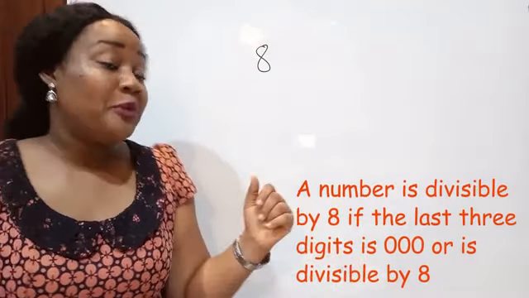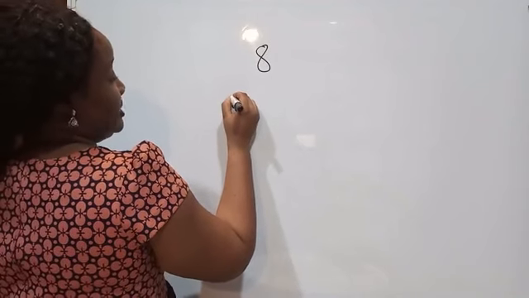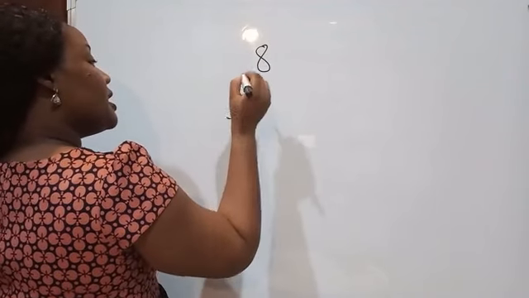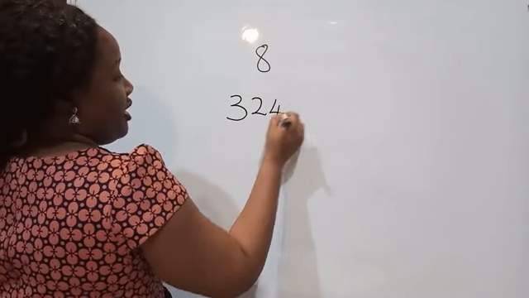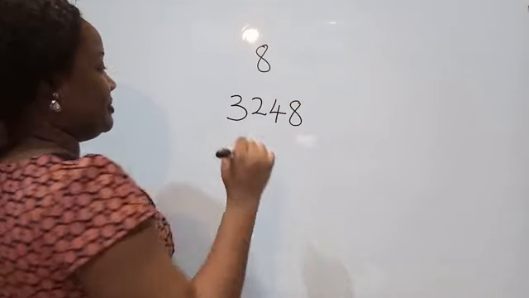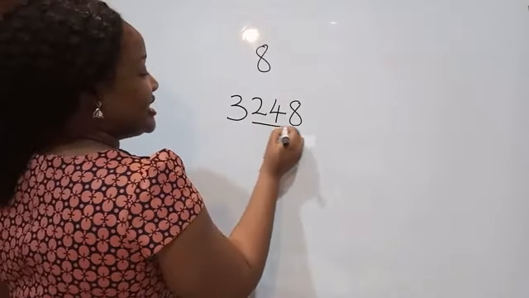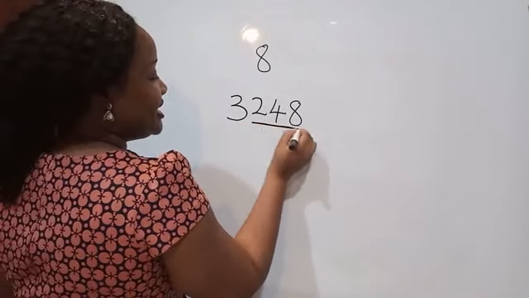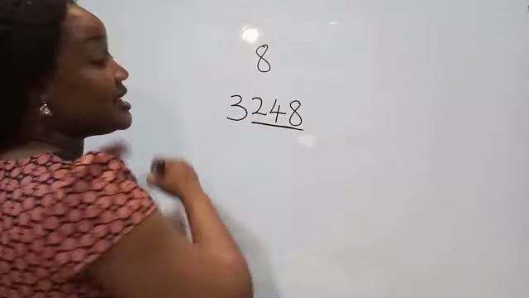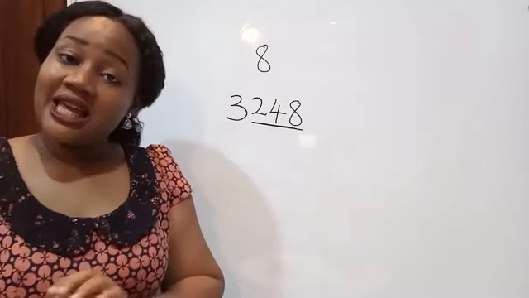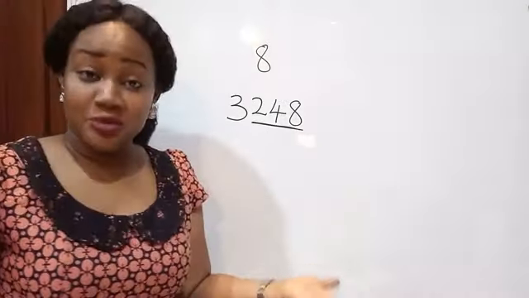Let's take, for example, 3,248. We are interested in the last 3 digits. These last 3 digits will tell us if the number is divisible by 8. And 248 is actually divisible by 8.